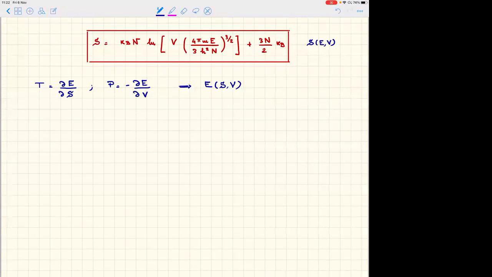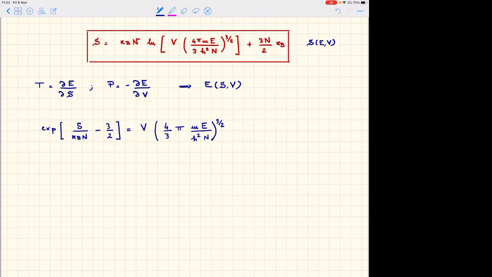So I have that the exponential of S over K_B N minus 3/2 is equal to V times (4/3 pi M times E over h squared N) to the power 3/2.